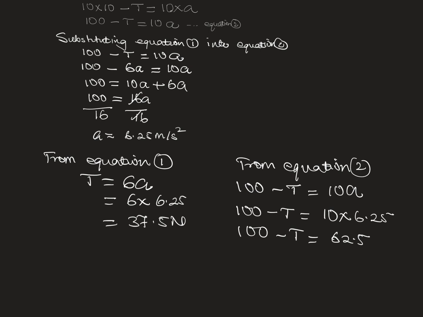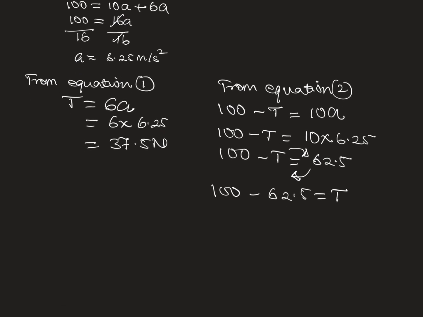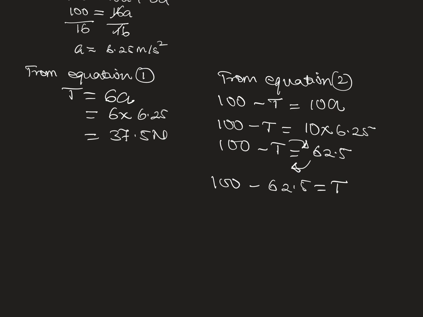To find T, I will send it to the right side of the equation and bring 62.5 to the left. So that will be 100 minus 62.5 is equal to T. And 100 minus 62.5 is 37.5, which equals T. Therefore, T equals 37.5 newtons.